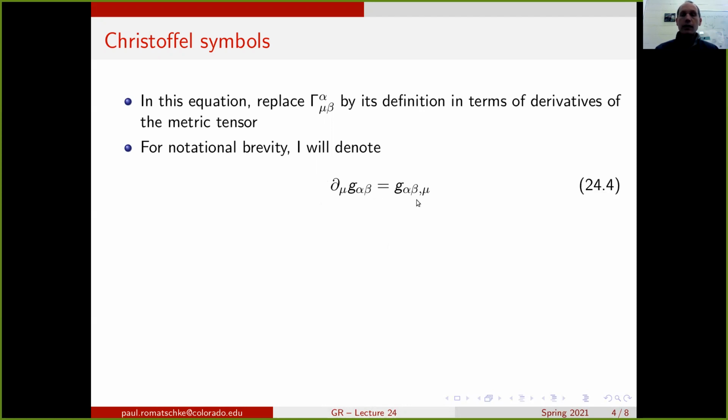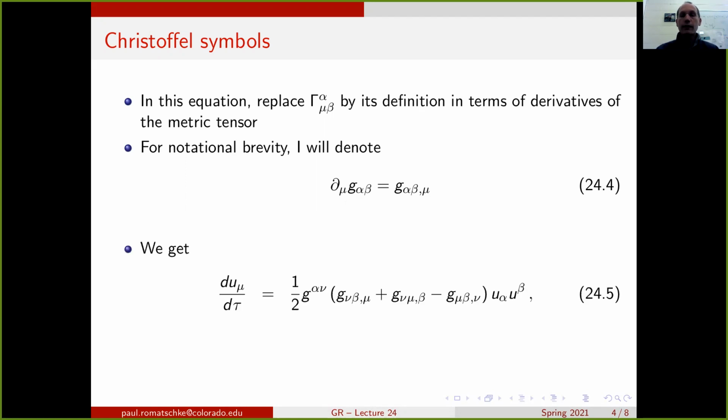So whenever you see some object and a comma with an index in the index position, that denotes derivation with respect to the coordinate mu. This is a standard notation in general relativity, and I will be using this from time to time throughout the rest of the lecture.